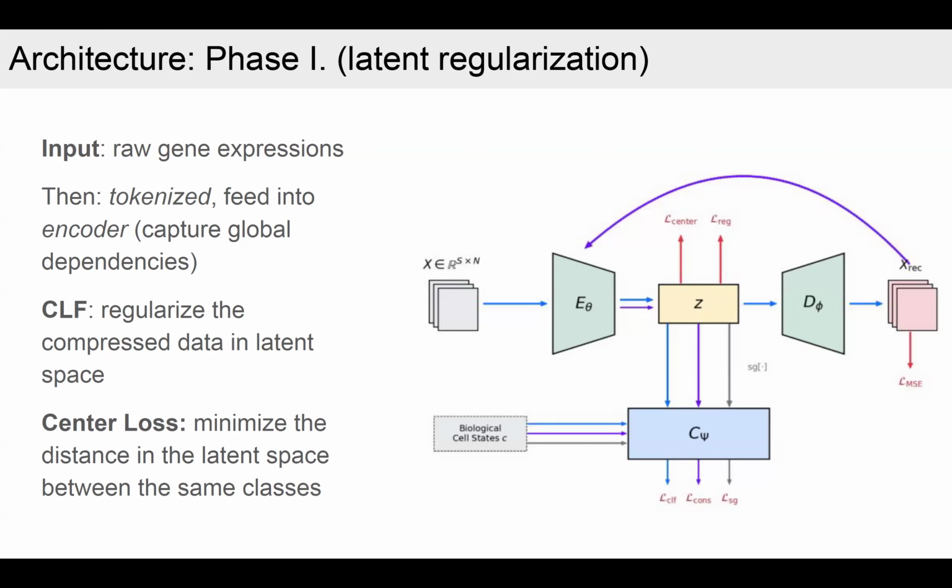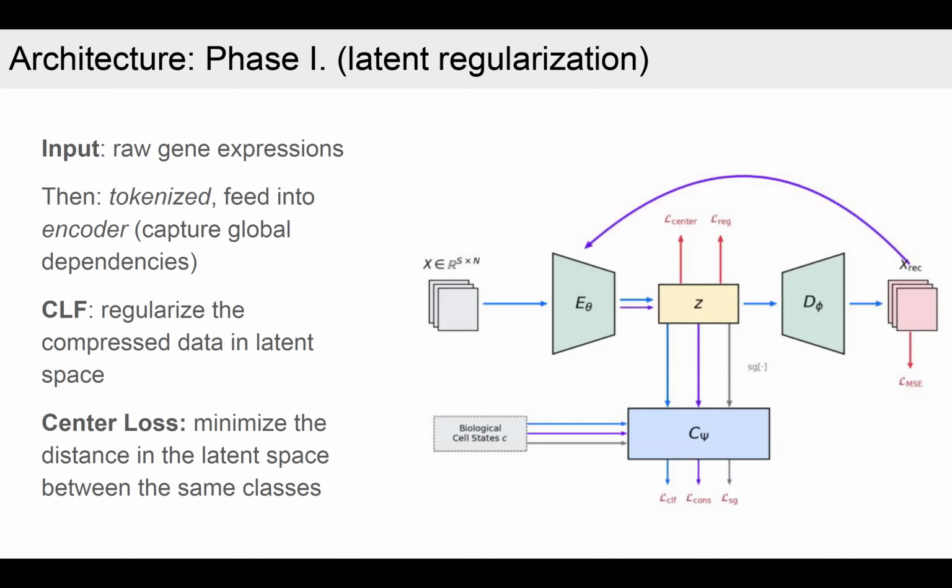It is fed into a transformer encoder to capture the global dependencies. It is important to note that tokenization is needed because those are very big vectors. And then it is represented in the latent space, and in the latent space, classification is happening.